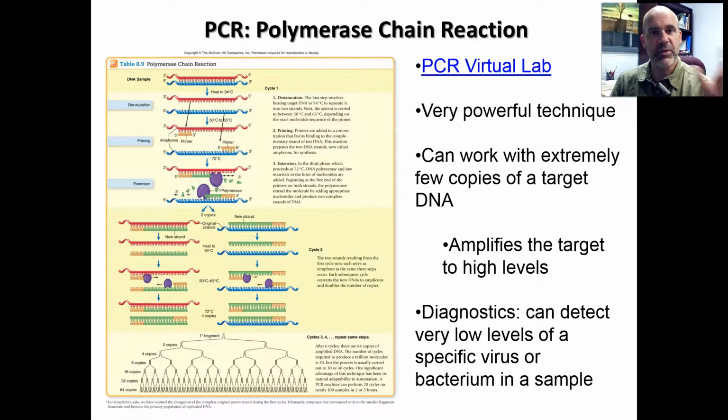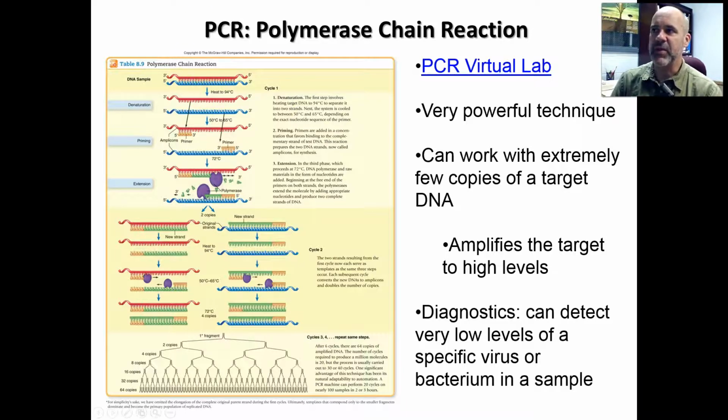You design those. You can order them from companies. There's a company right here in Huntsville called Eurofins MWG Operon that this is one of their claims to fame, is they make these little pieces of single-stranded DNA that you go on the internet and type in what you want them to be, and they'll send them to you by FedEx about 24 hours later, and they're not all that expensive.